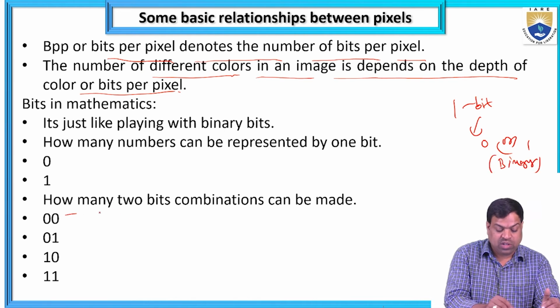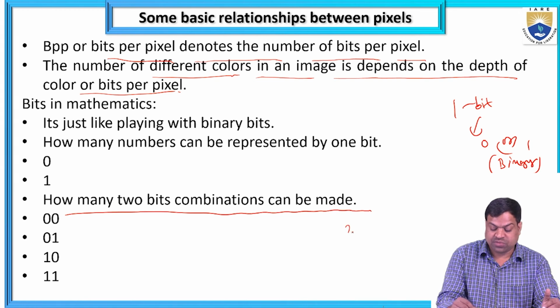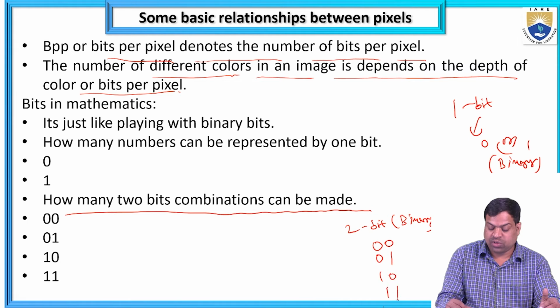Now I'm taking 2 bit combinations. 2 bits are also in binary form: 00, 01, 10, 11. How many possibilities are there? In total 4.